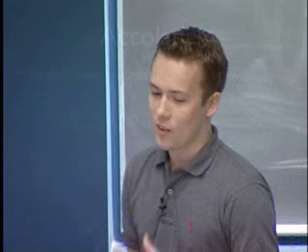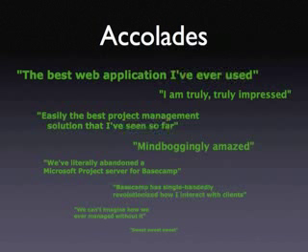But more importantly was when people actually started using the application, this spread out even more, because you see some of the accolades we collected, and people are really, really enthusiastic about this, which is a little bit funny because none of the stuff we're doing is revolutionary in any way. I mean, all of it has been done before. There's been tracking of milestones and to-do lists, and weblogs have been around for years and years.